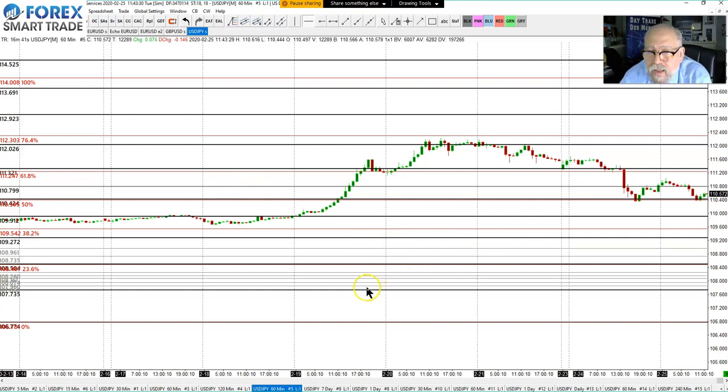Now the first thing I want to take a look at is what channel it's been in, and I also want to take a look at the trend. I'm going to take my linear regression tool, and we're up about here and down here. So we're trading into a downtrend.